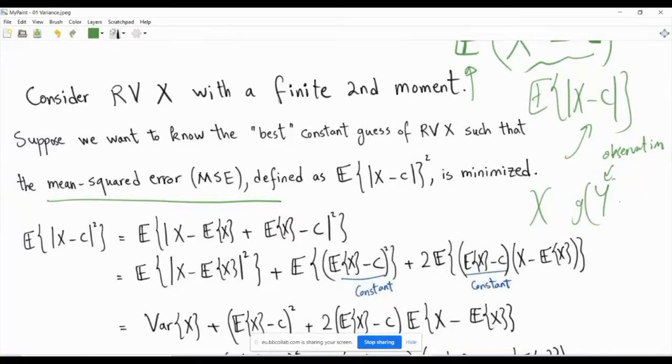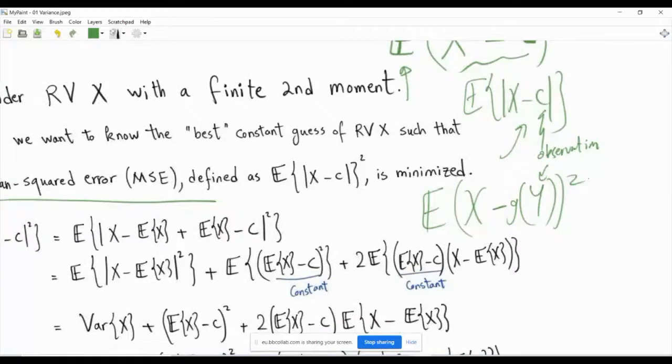We want to construct a function of the observations such that the error of your estimation, which is the difference between the true thing and your estimator, your guess, is small. And typically we will do the mean squared error thing. But for now it's as if we don't have observations and we just make our guess based on a constant c.